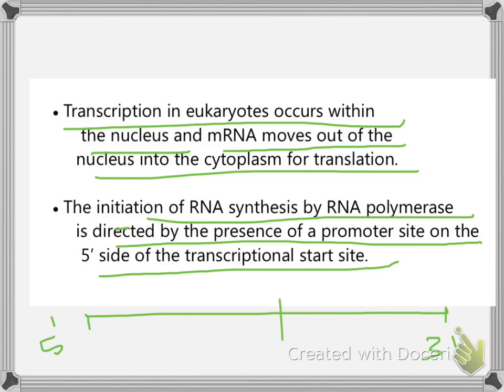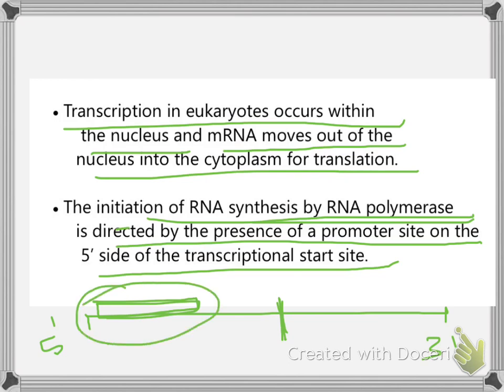If this is the transcription start site, there will be a promoter site on this 5' end of the DNA strand. And the initiation of RNA synthesis by the RNA polymerase is directed by the presence of this promoter site on the 5' side of the transcriptional start site.